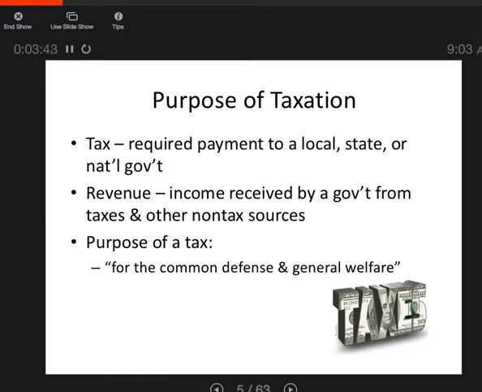The other one is general welfare. This is providing aid in disaster. This could provide relief for different parts of the country. General welfare could be raising money for education. It could be anything that's involved with this. But as you can see, it's so broad for those terms.